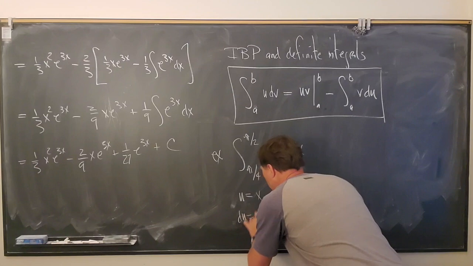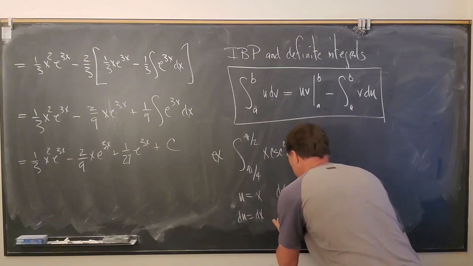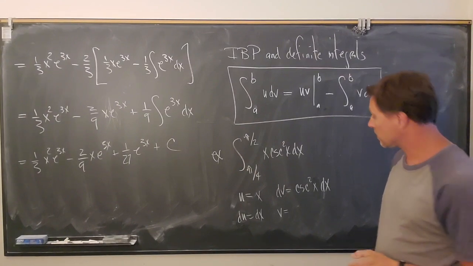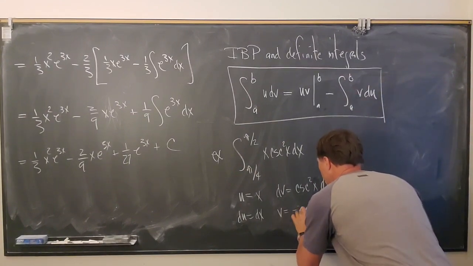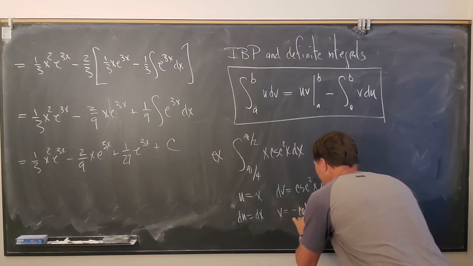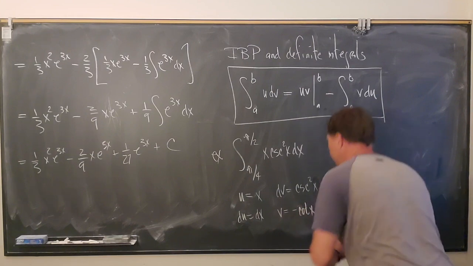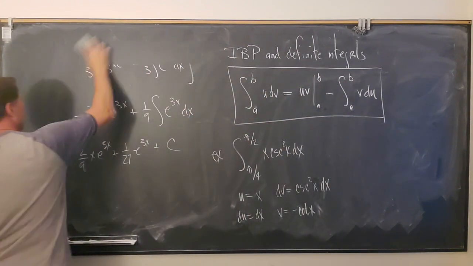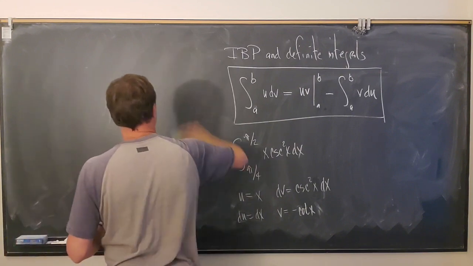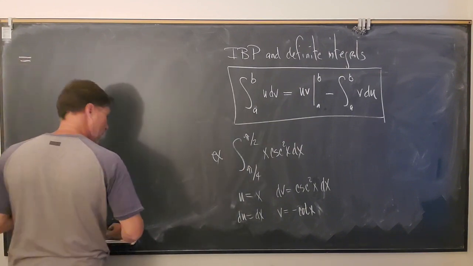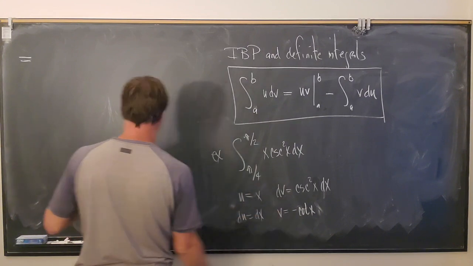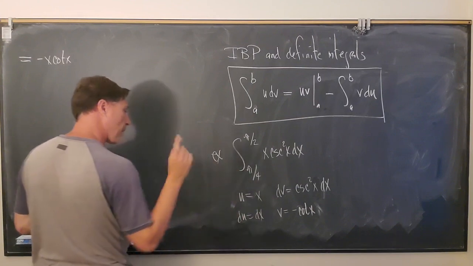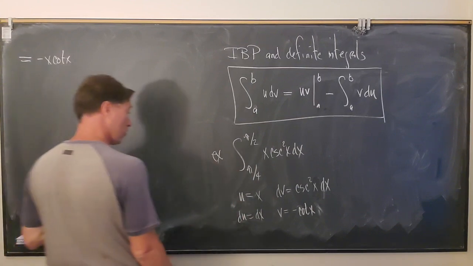So du equals dx. And then v equals, okay, can I compute the antiderivative of cosecant squared? Yes. What I get is negative cotangent of x. So now let's throw this into the integration by parts formula. What we get is u times v, that's negative x cotangent x, minus the integral of v du.